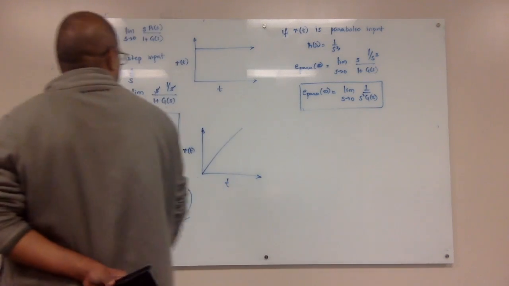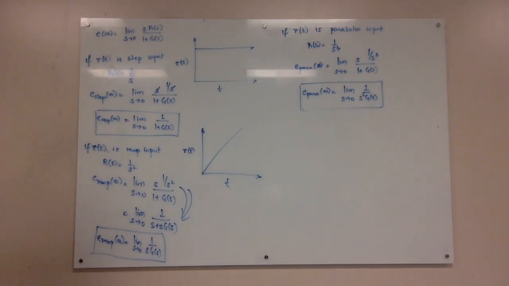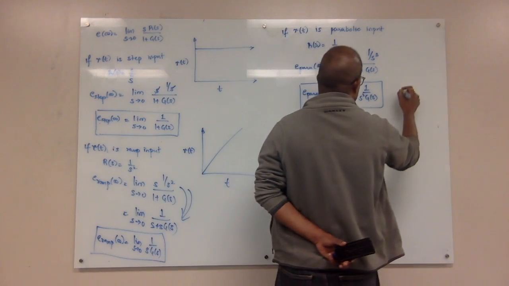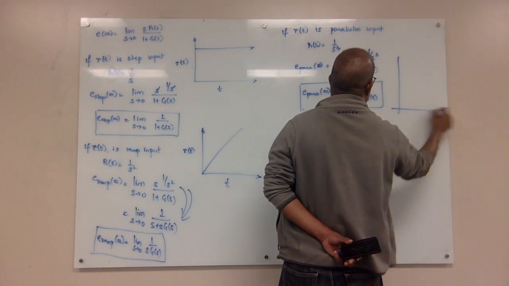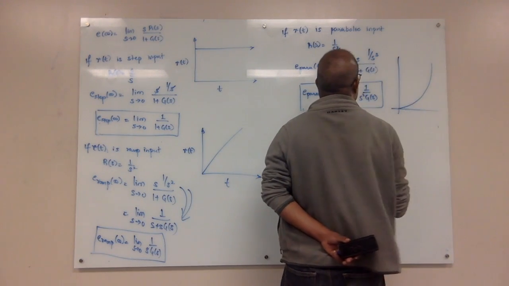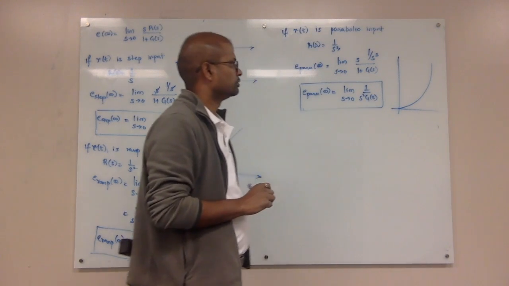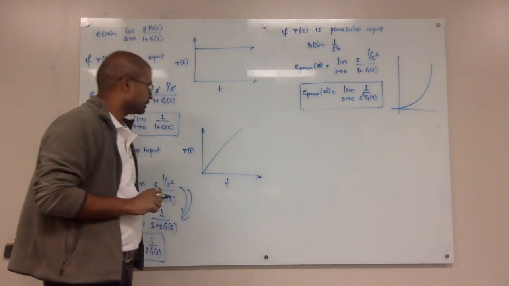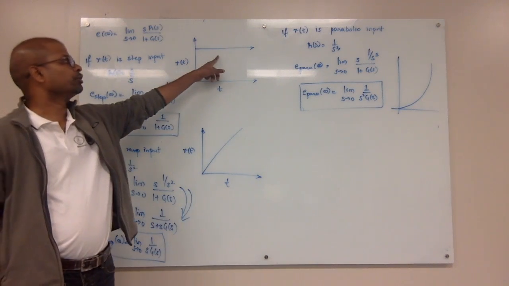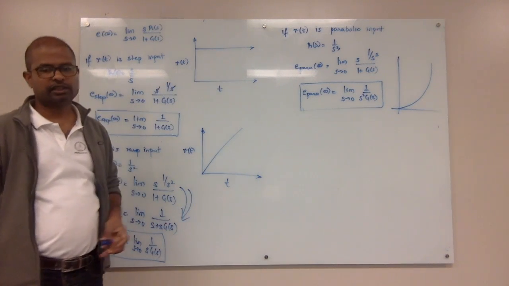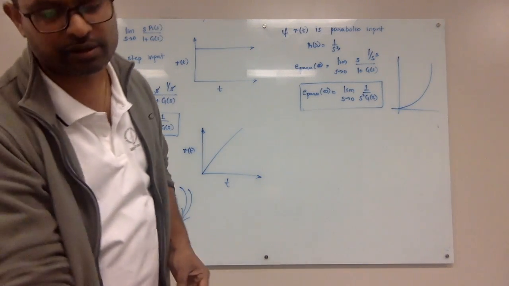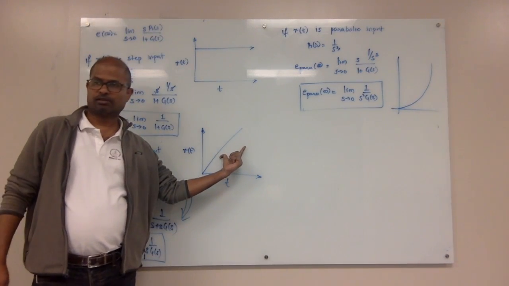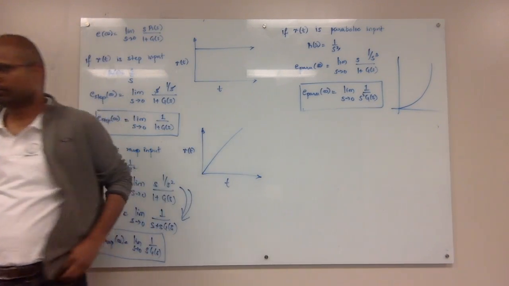So parabolic input will be like this. Think about this. This is a constant input. This is essentially testing your systems for various conditions. When do you experience this for an aircraft?